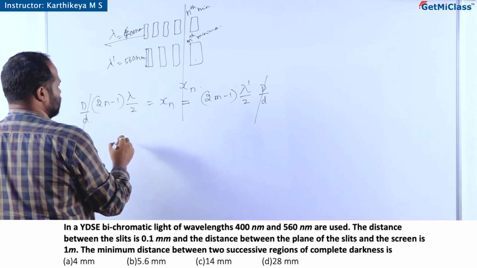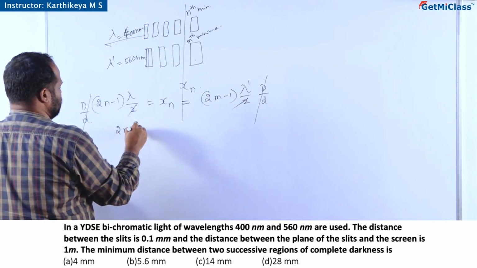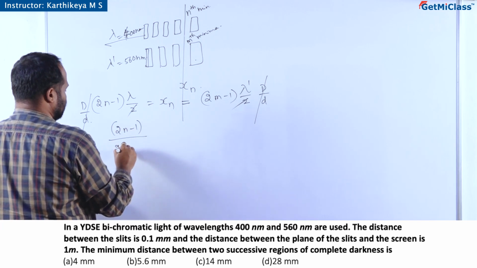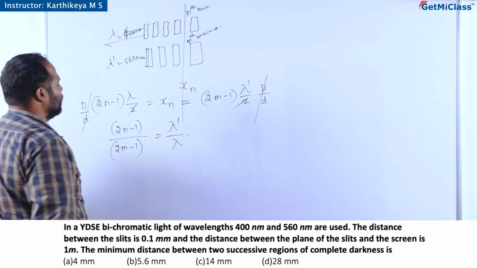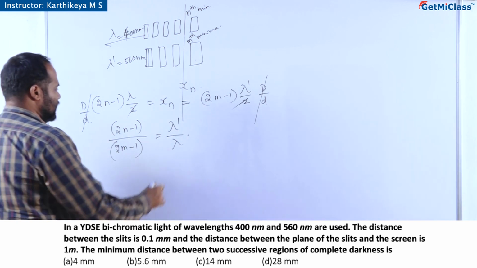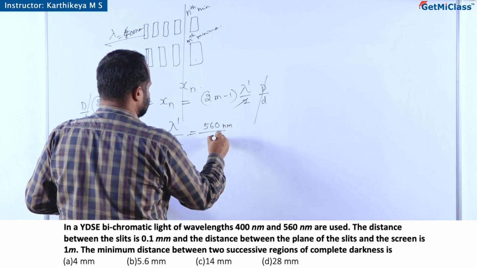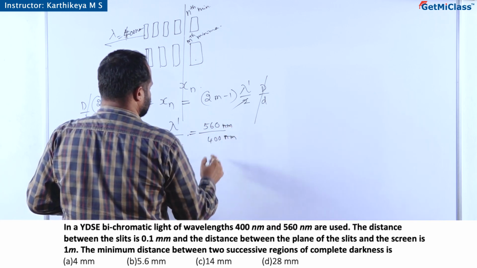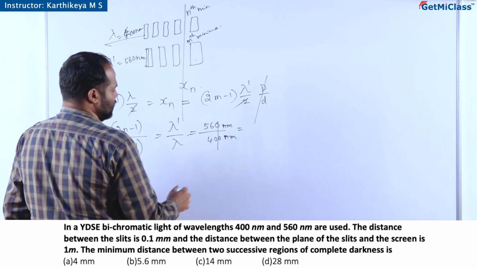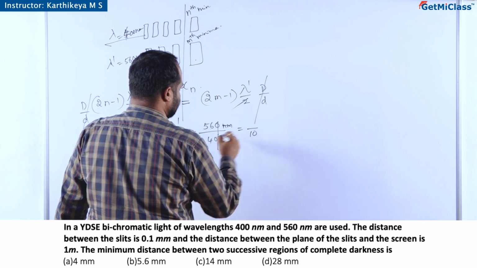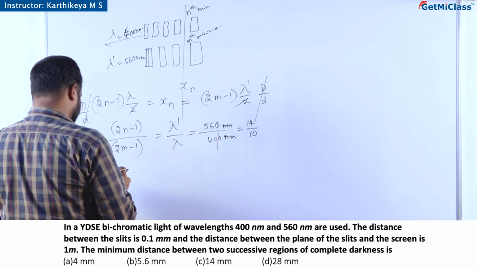Now 1 by 2 cancels off. 2n minus 1 by 2m minus 1 is lambda dash by lambda. So what is lambda dash? Lambda dash is 560 nanometer. This is 400 nanometer. So when we calculate, this will come around 14 by 10.